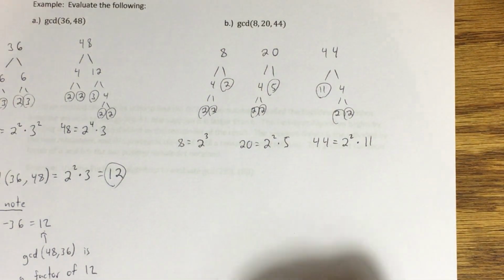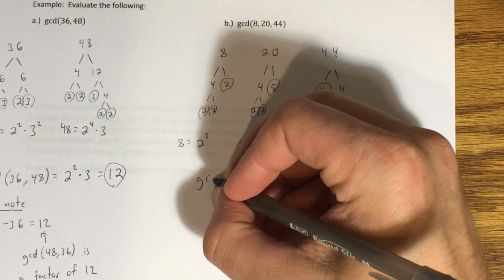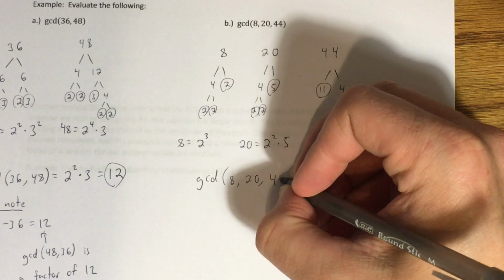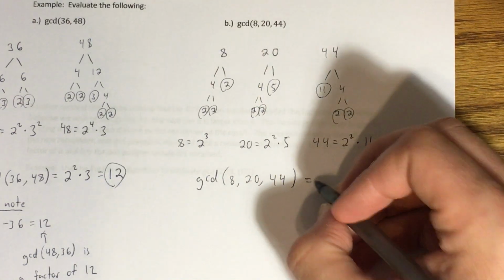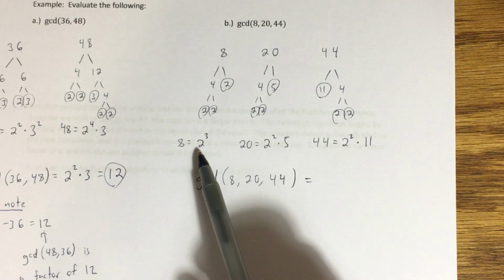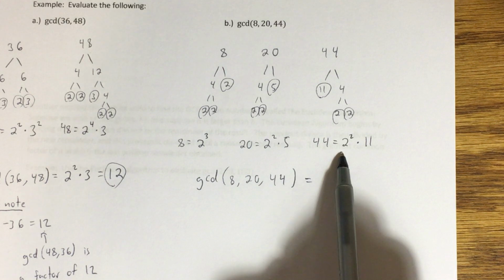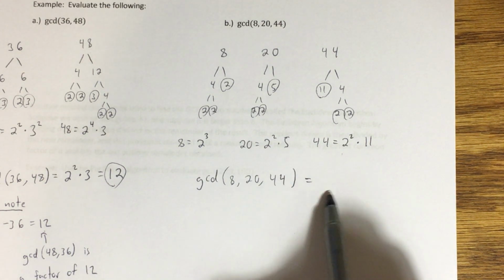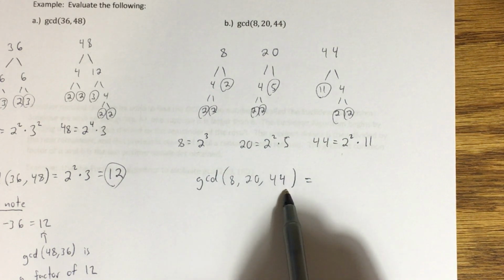Now again, my GCD of these three numbers, my greatest common divisor or greatest common factor, when using their prime factorizations, I'm looking for what primes they have in common. And the only prime number that all three of these have in common as a factor is the number 2. So that's the only prime number that will show up in my GCD.